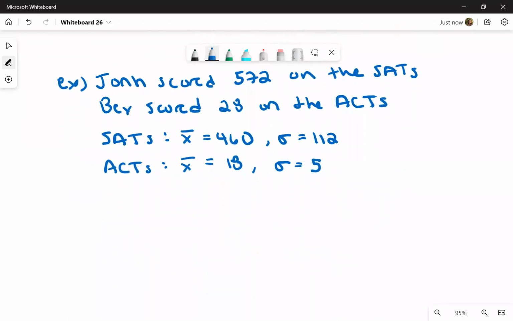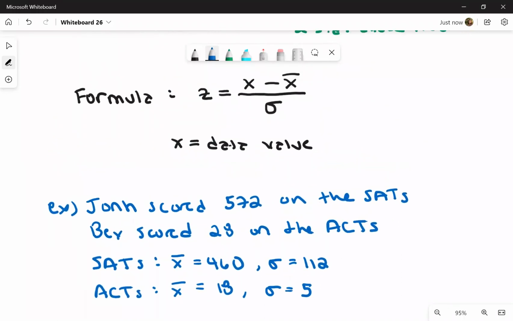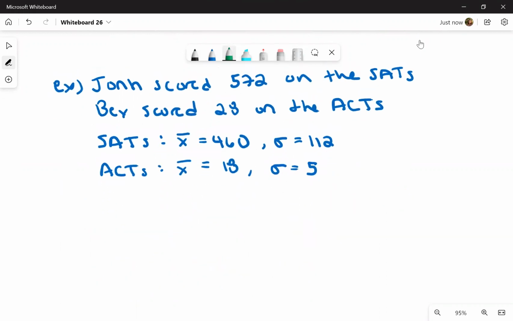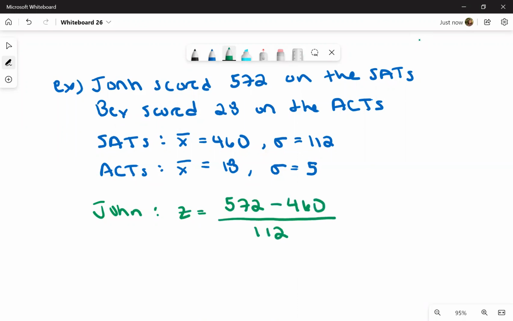Okay, so here's how we would do it. I want to calculate the z-score, literally using that formula and this information. So let's start with John. We take the data value minus the mean over the standard deviation. So for John, his z-score is his score minus the mean for the SATs divided by the standard deviation for the SATs, and if you plug that into the calculator, it'll come out to 1.